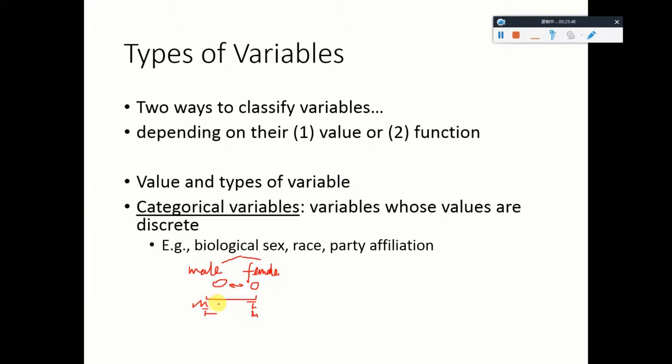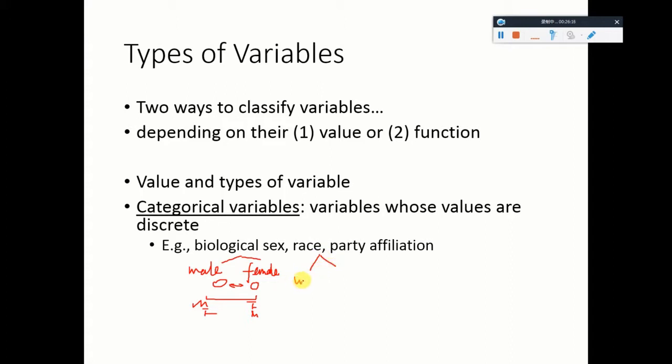But naturally, there's no way for humans to move in any kind of direction from one sex into a second sex. So in this sense, we say that these two values are discrete values.